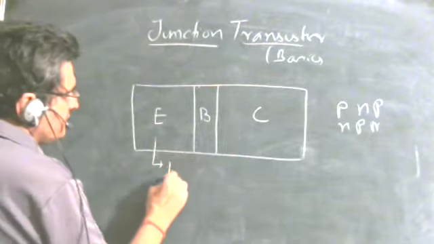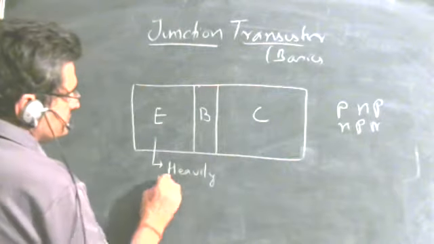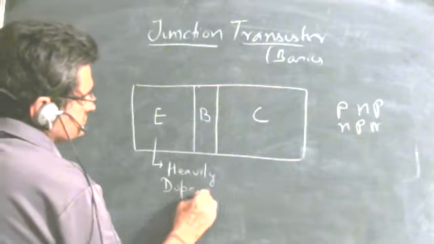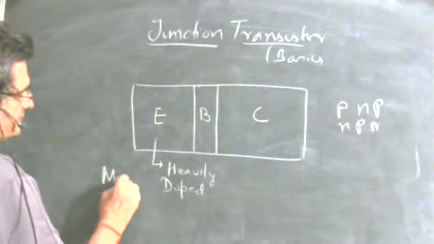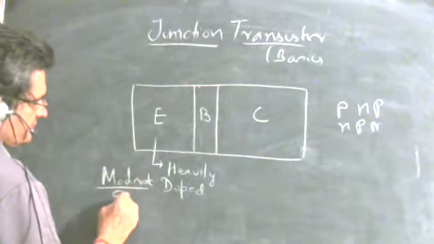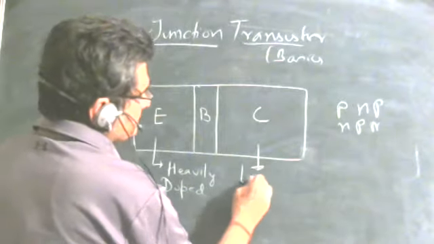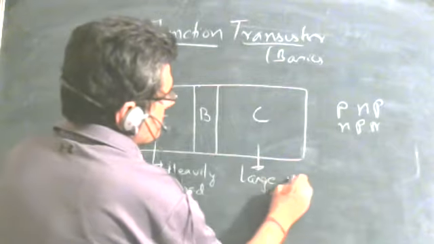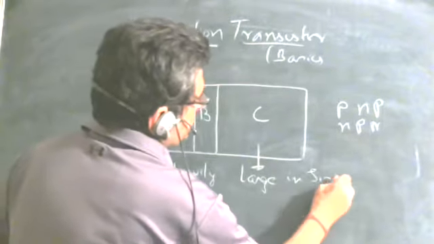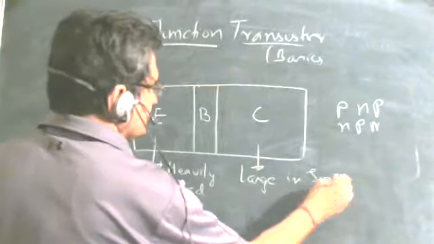The emitter is heavily doped, but moderate in size. The collector is large in size. In fact, it collects most of the majority carriers which come from the emitter. We'll take that up.